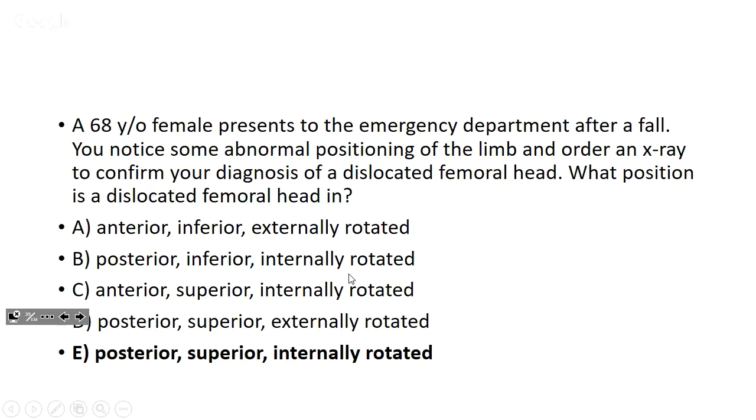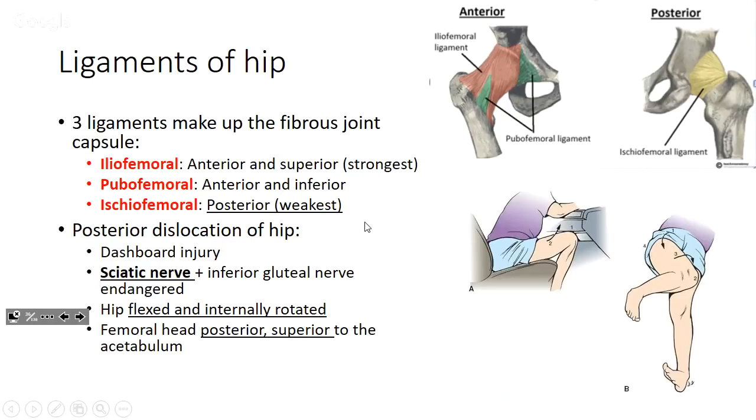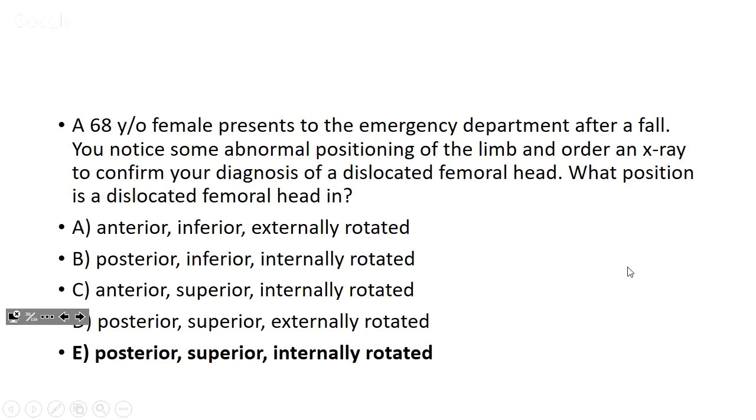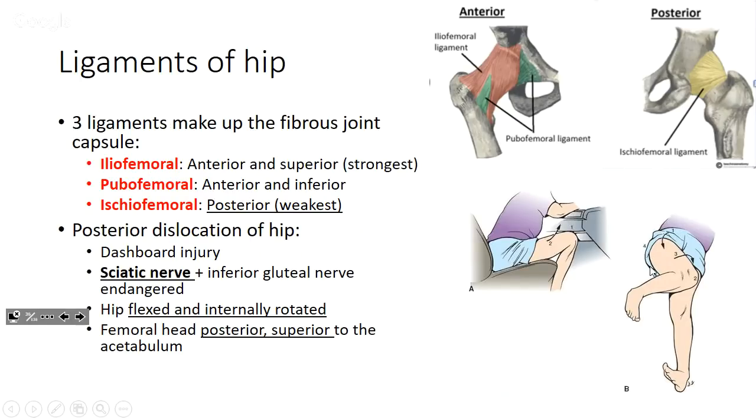I can see that you guys are not really that familiar with that, but I'll cover that in more detail. So as you can see, during dislocation of the hip, the leg is typically turned inwards like that. So typically it will be superior above the acetabulum, and internally rotated, as you can see here. If you have any questions, feel free to ask.